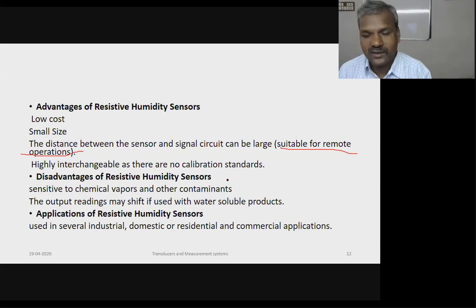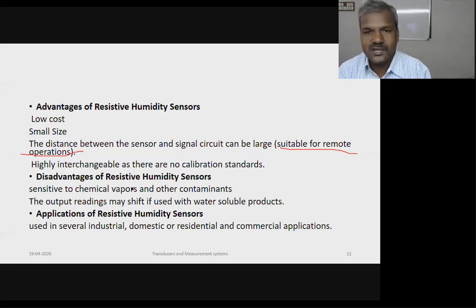The disadvantage of resistive sensors is that they are sensitive to chemical vapors. Suppose the sensor is placed near chemical industries, the lithium chloride also absorbs chemical vapors containing chemical components, which is pollution.